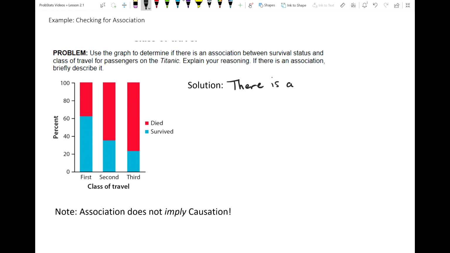So there is an association between survival status and class of travel.